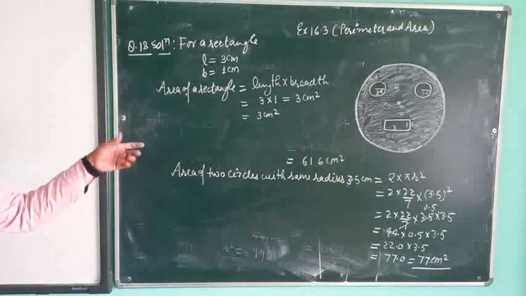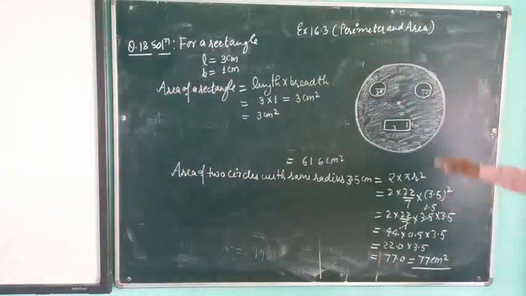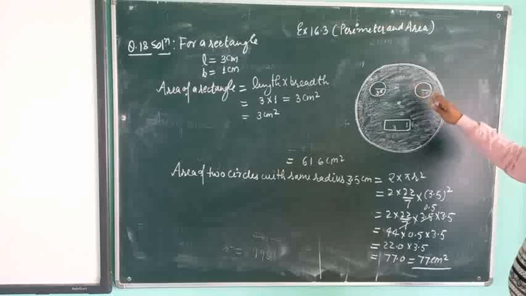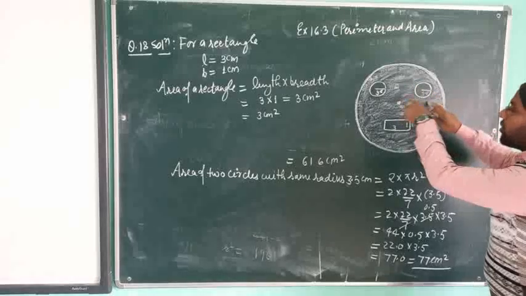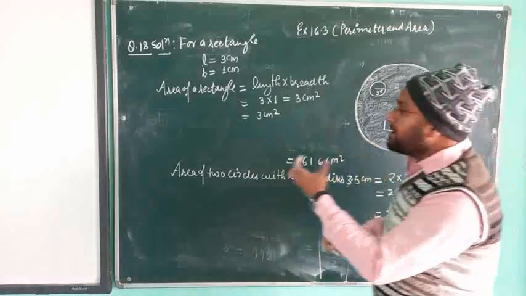Now our aim is to find the area that remains. If we remove these two small circles and one rectangular region, what area is remaining?